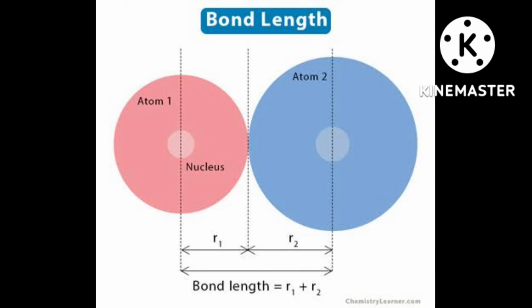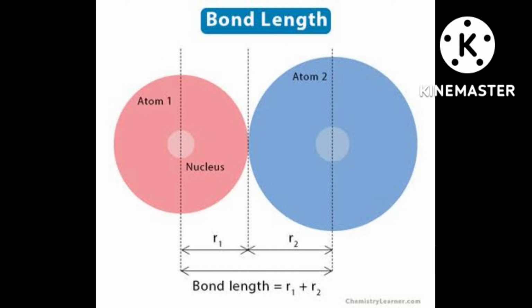For example, the lattice enthalpy of NaCl is 788 kilojoule per mole. This means that 788 kilojoule of energy is required to separate 1 mole of solid NaCl into 1 mole of Na plus in gaseous state and 1 mole of Cl minus in gaseous state, to an infinite distance between Na and Cl.